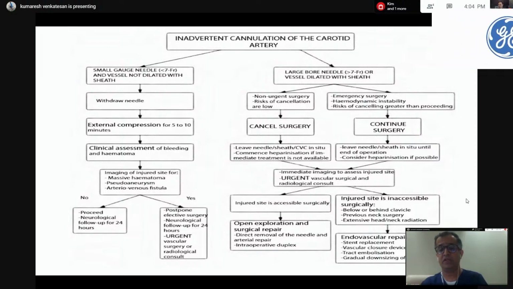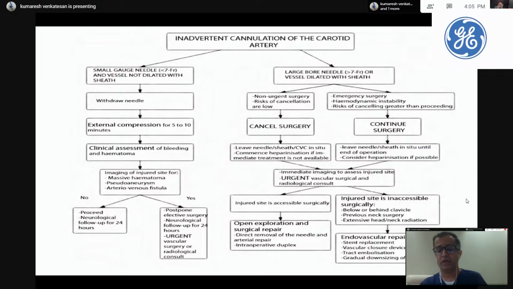If you have inserted the catheter and it's a non-urgent situation, leave the catheter in situ and get vascular surgical or interventional radiologist help. Do not remove the catheter immediately if it's non-urgent, and remove it in a controlled setting.